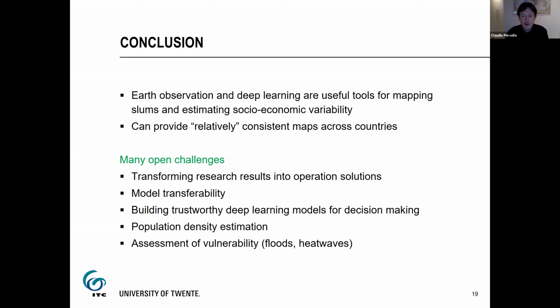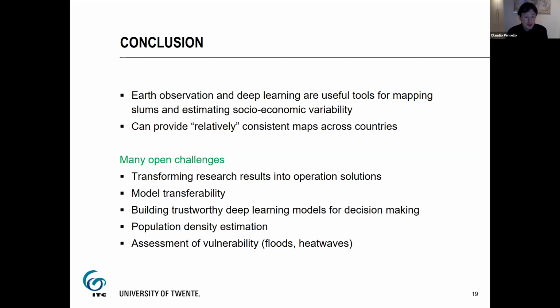This is often still not the case. So I think this is a challenge for our community, to develop models that can be trusted by authorities, who can then act based on the information provided by those models.